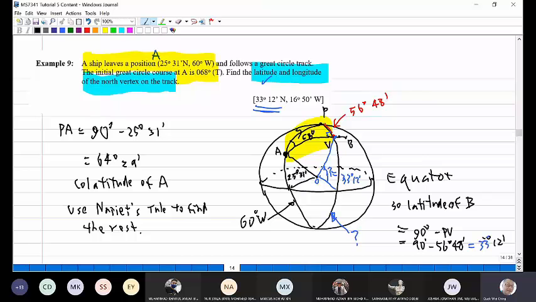So this is the earlier picture I have drawn for you here. So I know P is actually 43 degrees 10 minutes here.